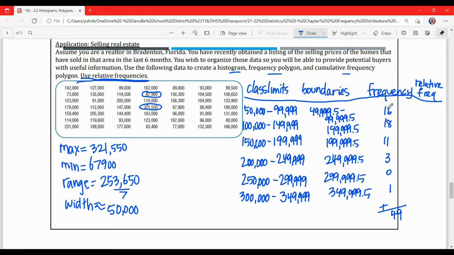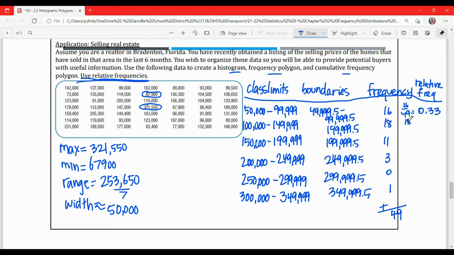So we're going to take each of these values and divide it by 49. And then we're going to put our relative frequency. 2 decimals is totally good. So 16 divided by 49 is going to be 0.33.